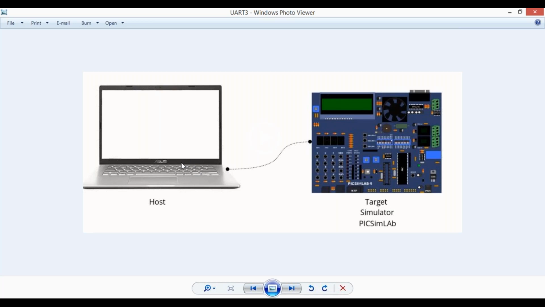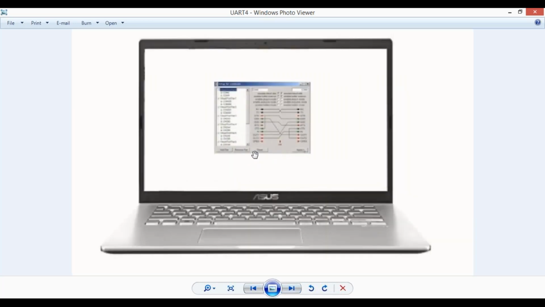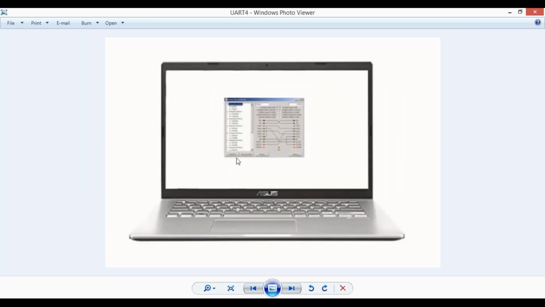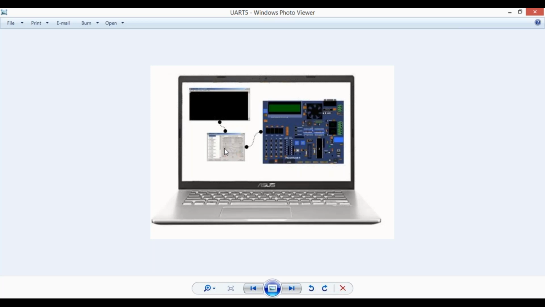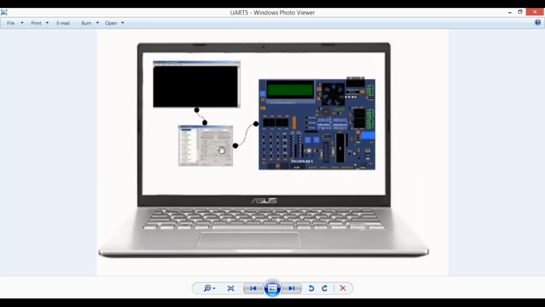So guys, in order to achieve this interaction, we need to install a null modem emulator in our PC. I think we did the installation in the last class. So this null modem emulator is going to act as a bridge between your PiximLab and whatever serial port is there in the PC.